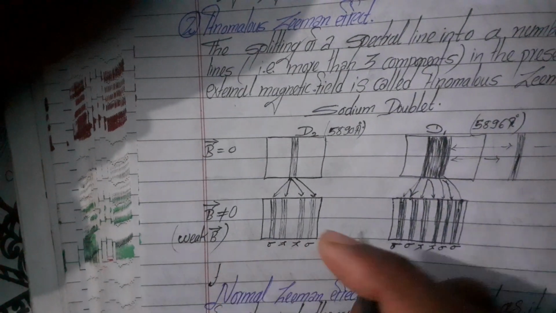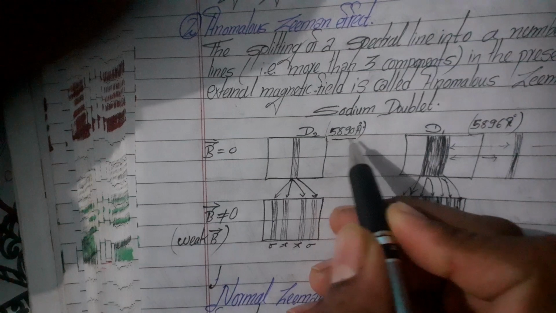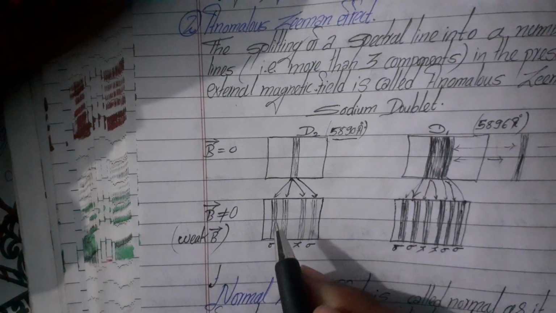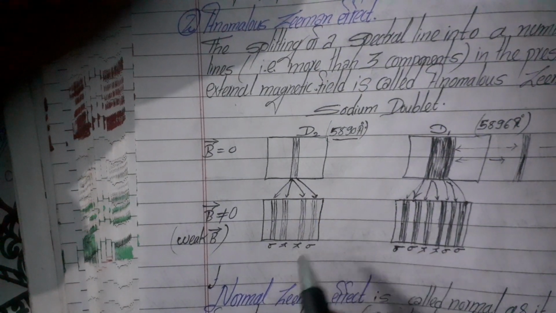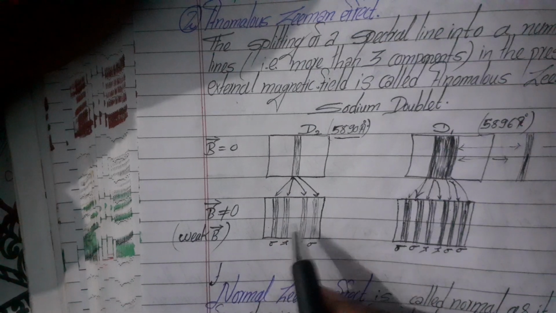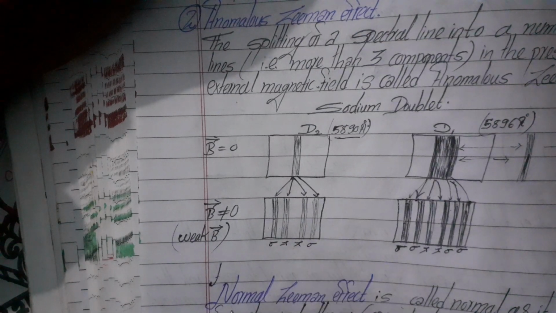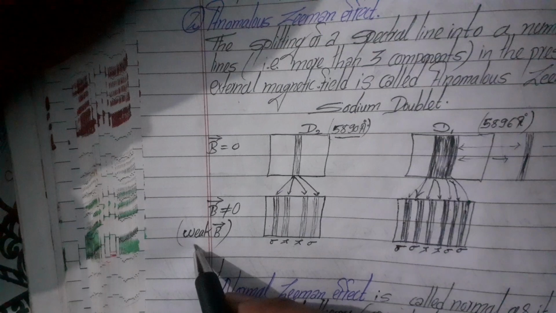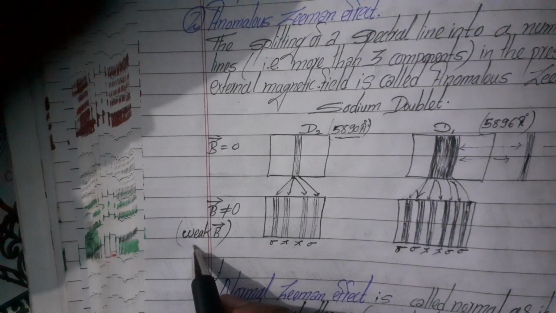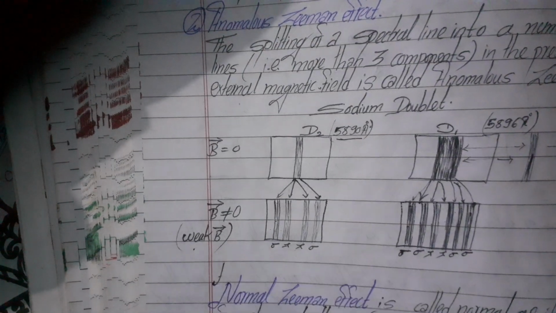But for the wavelength 5890 Angstrom, there are only 4. It is split into only 4 lines, and here a weak magnetic field is applied.